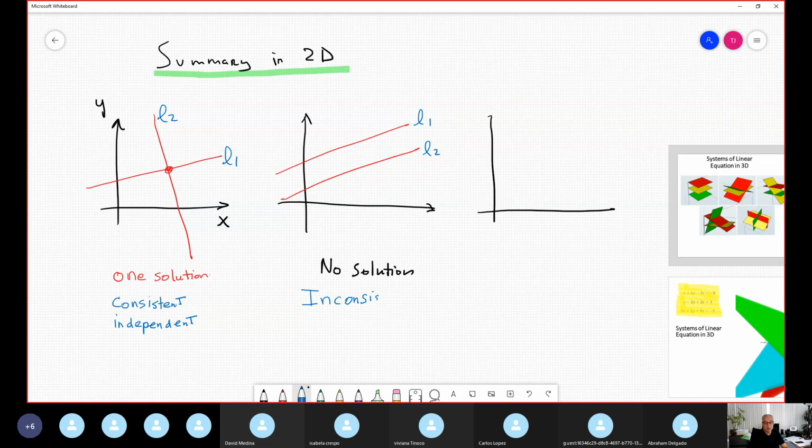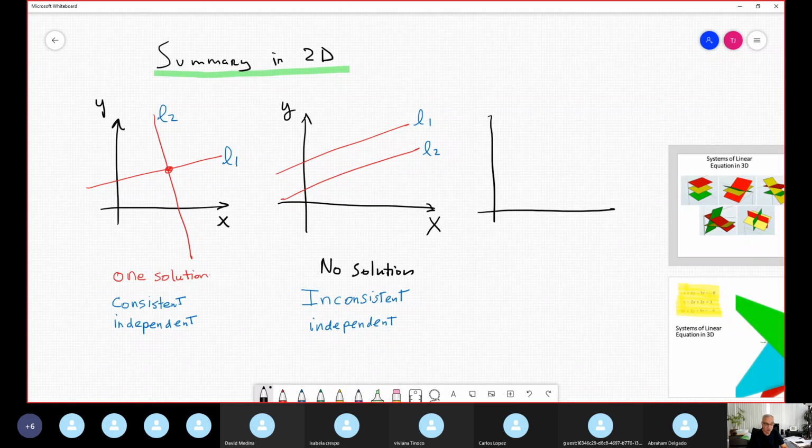Inconsistent means that we have no solution. It's equivalent, it's a synonym. And it's independent also because these equations have completely different graphs. Okay? This is x and this is y. Now remember, independent is when you have different graphs.